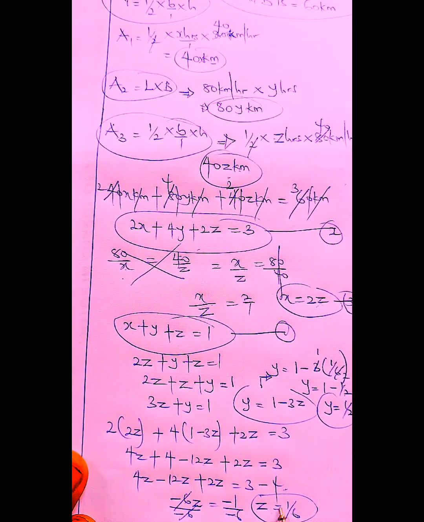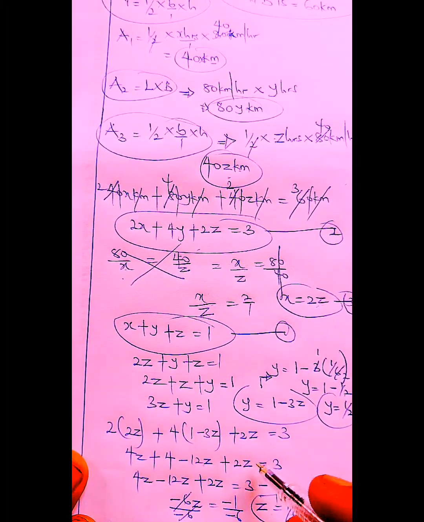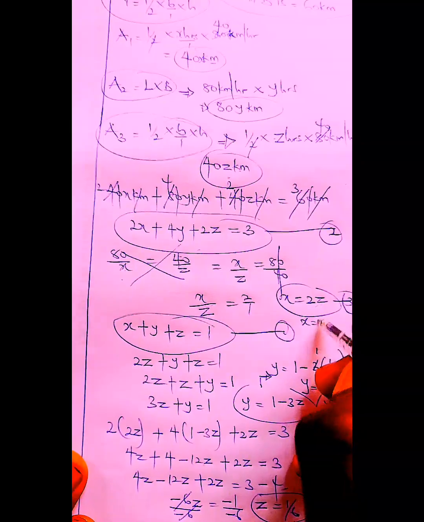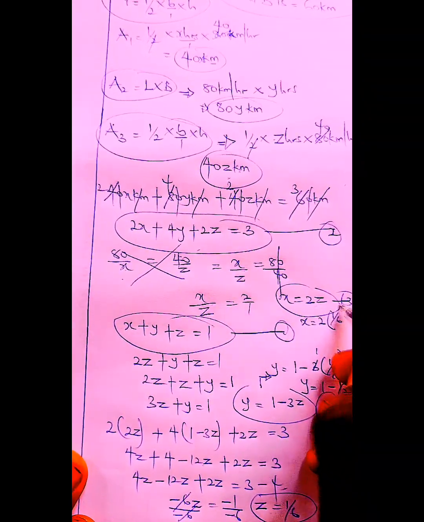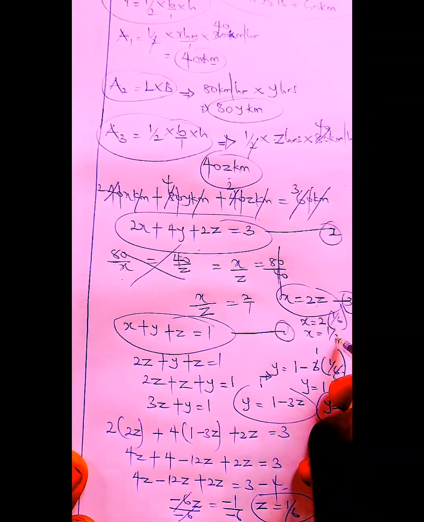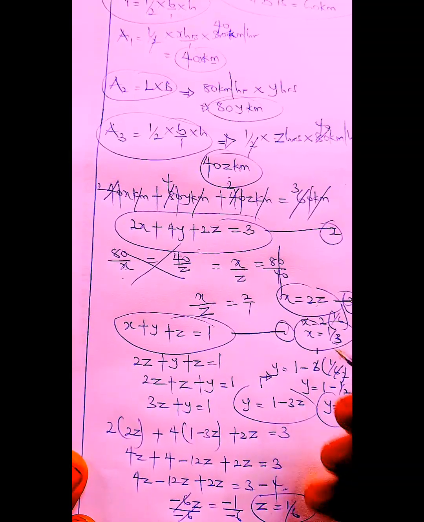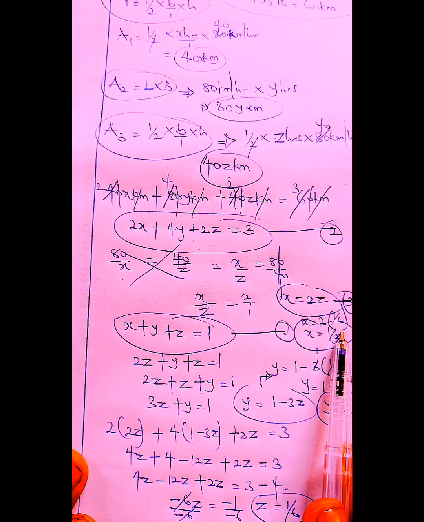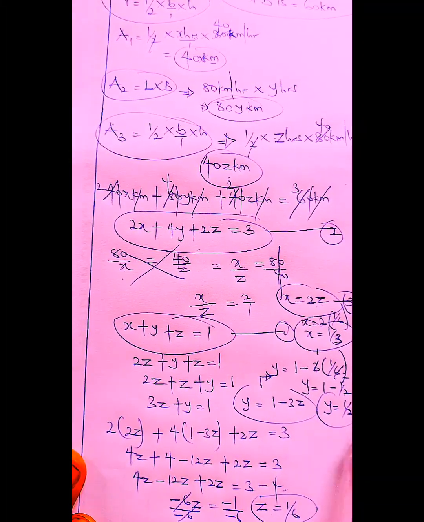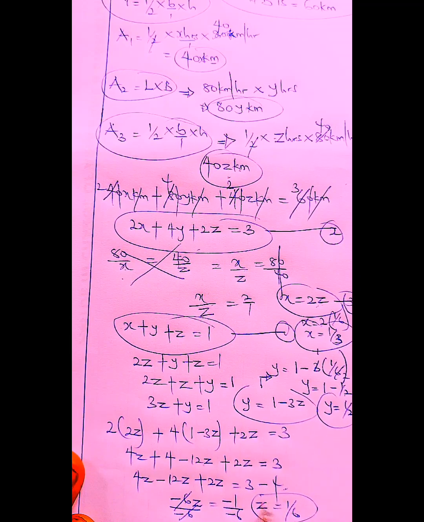So if z is 1 over 6 and x is 2z, x is going to be 2 times 1 over 6. So x is 1 over 3, as simple as ABC. So x is 1 over 3, y is 1 over 2, z is 1 over 6.